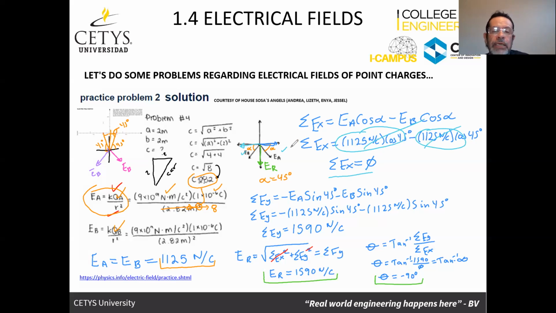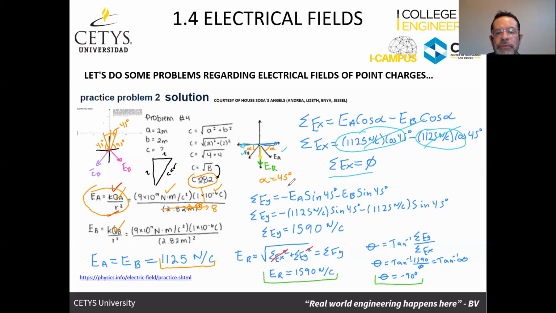The electrical field in Y is going to be a similar situation. Now we're going to be looking downwards. And so EA and EB are both going to have a component in Y, and that's going to be the electrical field multiplied by the sine of the angle, pointing downwards. Since both of them are pointing downwards, we're going to have minus EA sine of 45 minus EB sine of 45, okay?